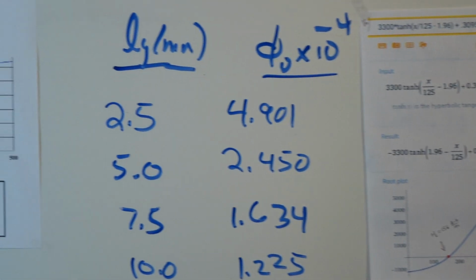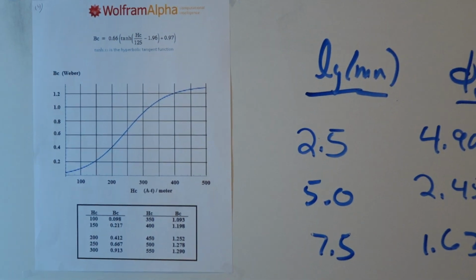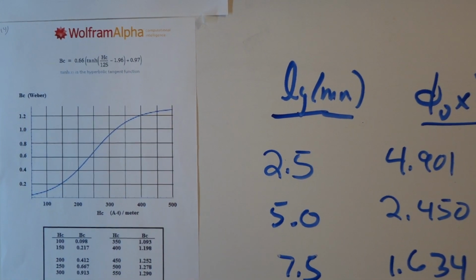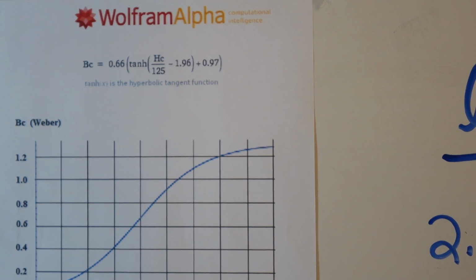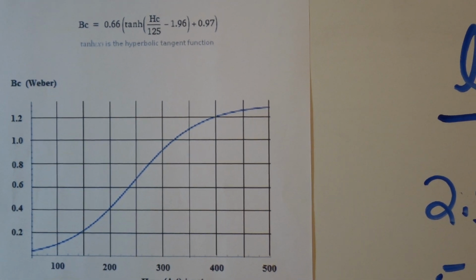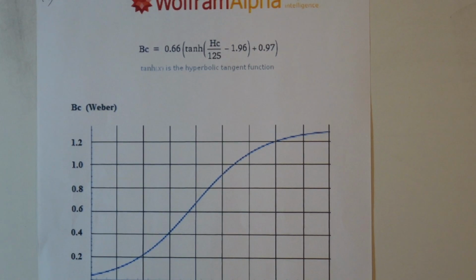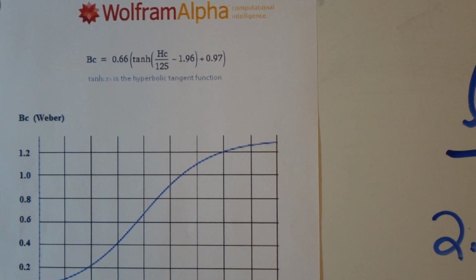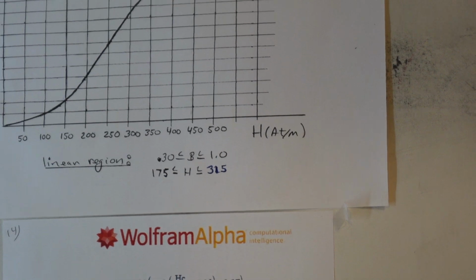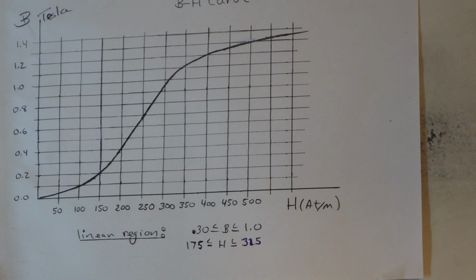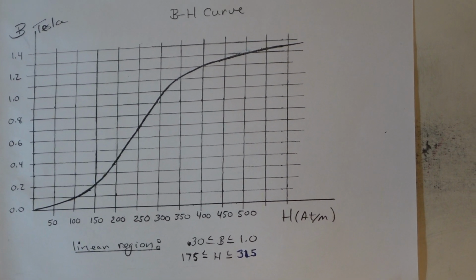And that is right here. Now, that is the equation that I came up with, and I plotted it using Wolfram Alpha. And you can see that it looks just like the curve that I started with, the BH curve.